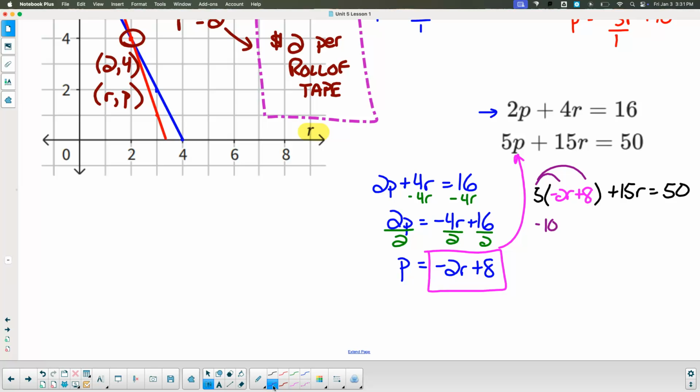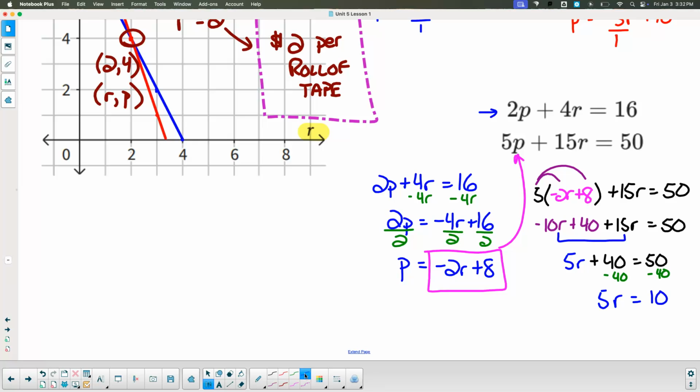That gives me negative 10R plus 40. If I combine my R's here, that gives me 5R, then I can subtract 40. That gives me 5R equaling 10.